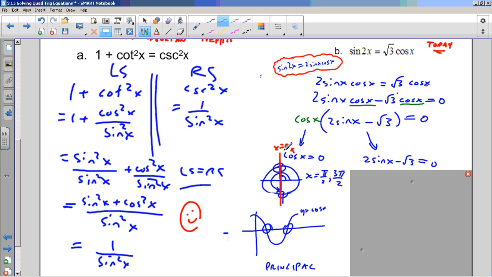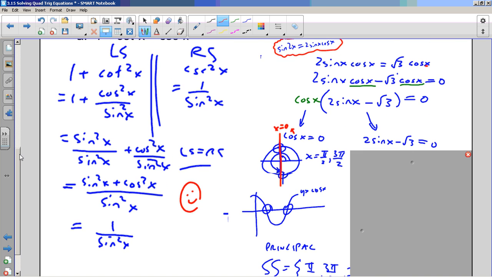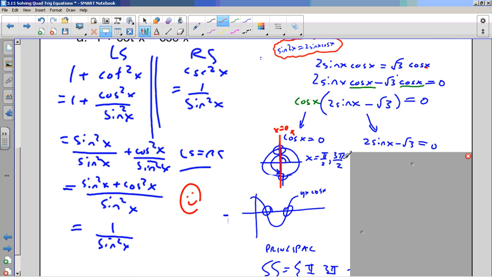This is the line x equals 0, and I used both the rotation angles and the unit circle to do that. I also said I could have found this on the graph of cos x. I can find the principal solutions, pi over 2 and 3 pi over 2. So there are the 2 solutions between 0 and 360 that I get from this first one.